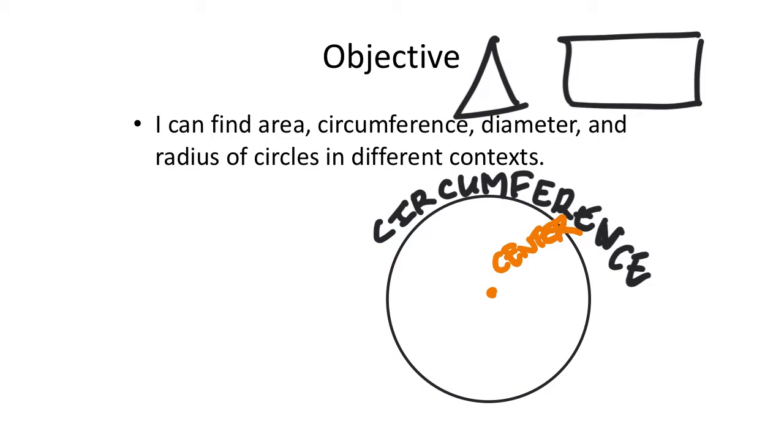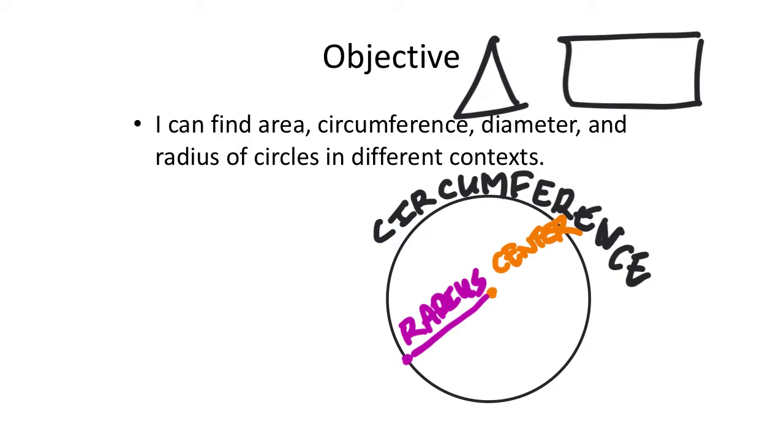Now, if you trace a line from the center to any point on the outside, like I'll trace a line from this orange point, the center, out here. And of course, it should be a straight line, but I'm working on it. That is what we call radius. Right there, okay?